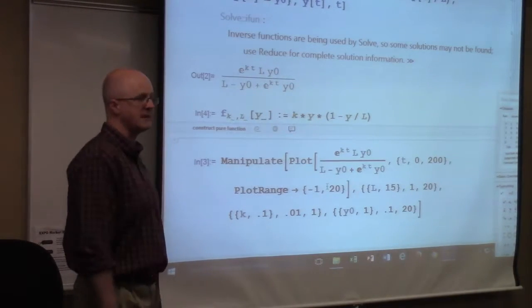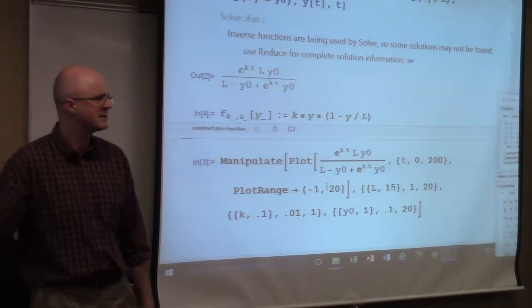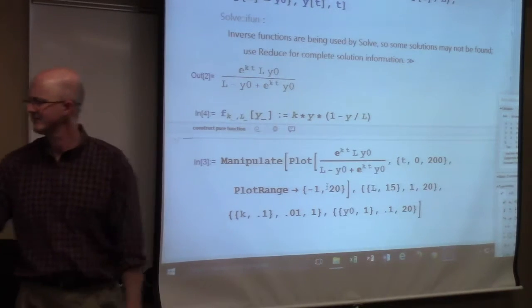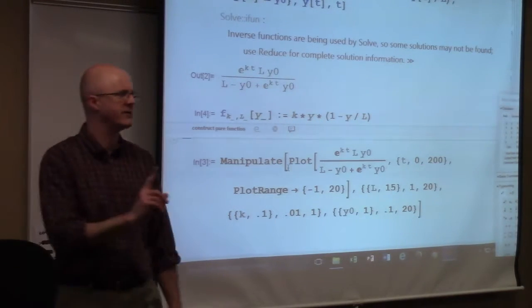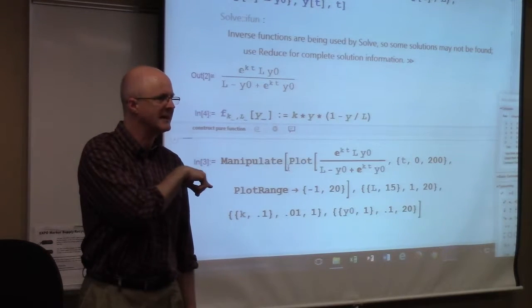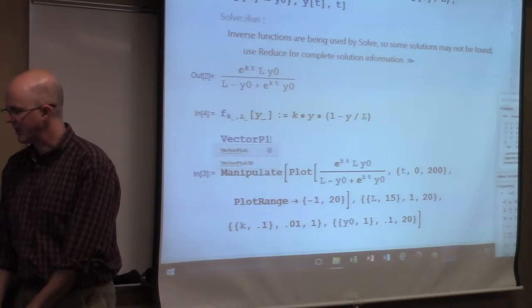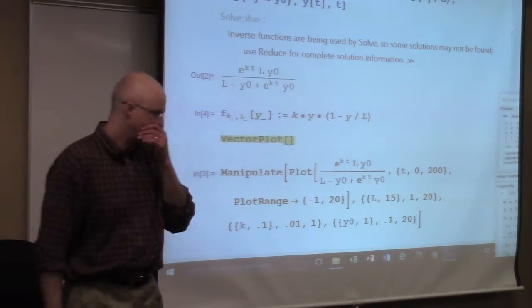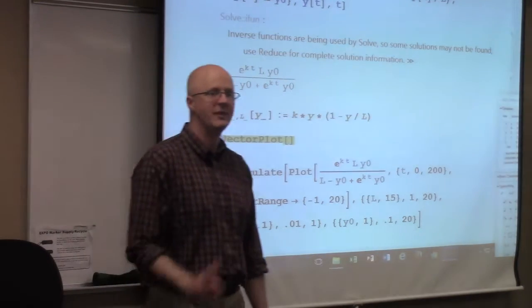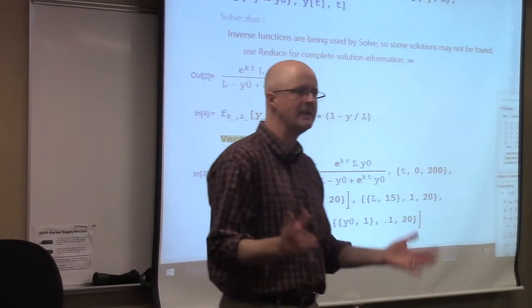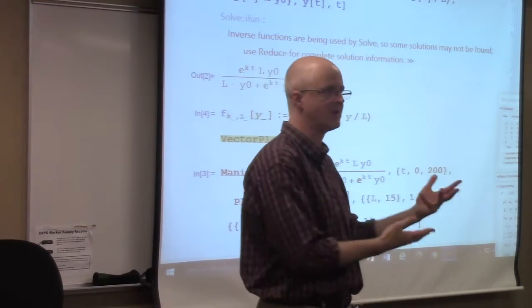How do you make a graph of the slope field? You use a command called VectorPlot. Let me make just one slope field by itself first before I try putting it in Manipulate here. VectorPlot can be used to plot two things, traditionally. Slope fields and something called a vector field.